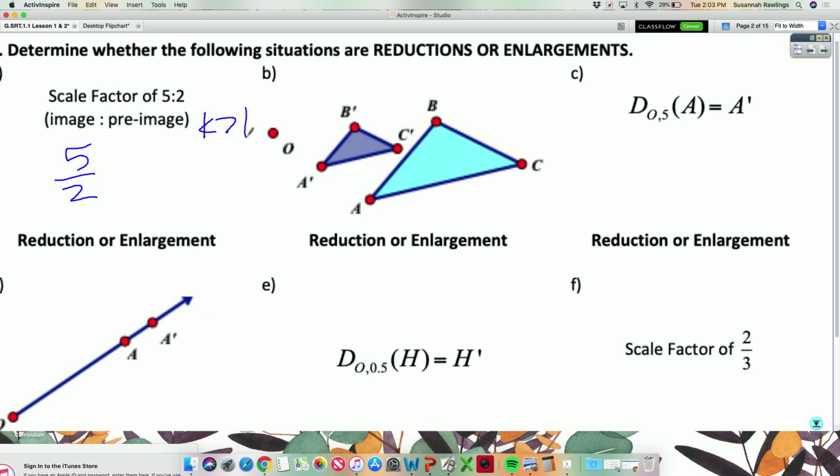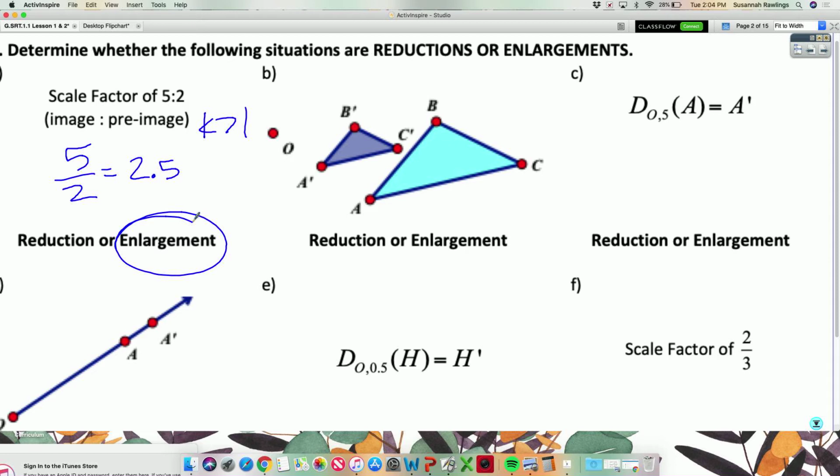Because I know 5 divided by 2 in decimal form is 2.5. So that is definitely greater than 1. So if it's greater than 1, is it a reduction or enlargement? Enlargement. So we're really just worrying, is it less or greater than 1?